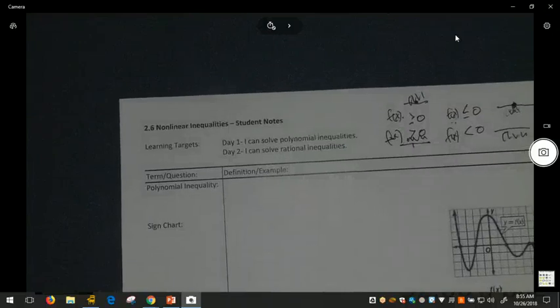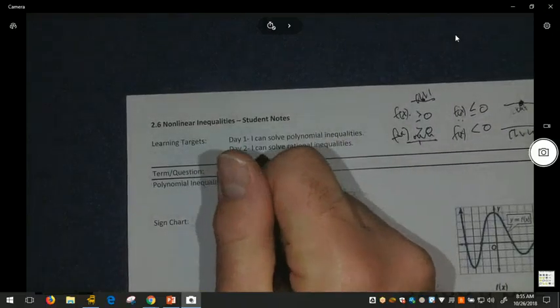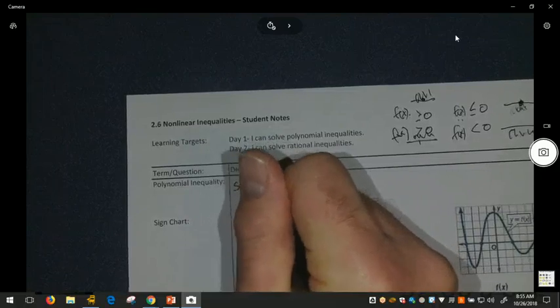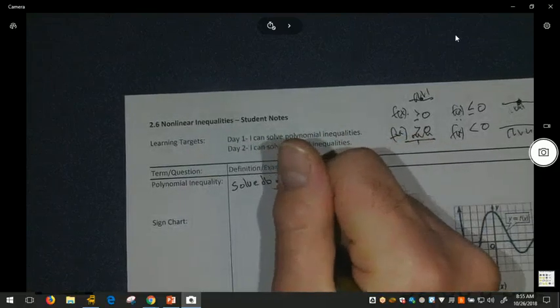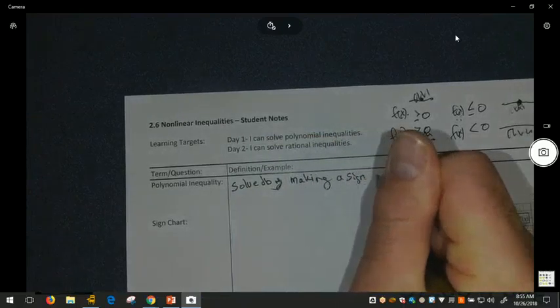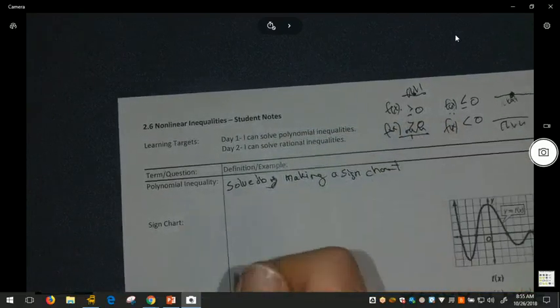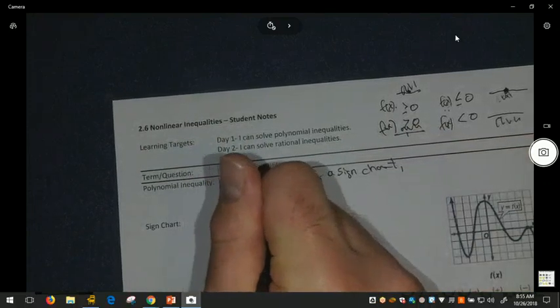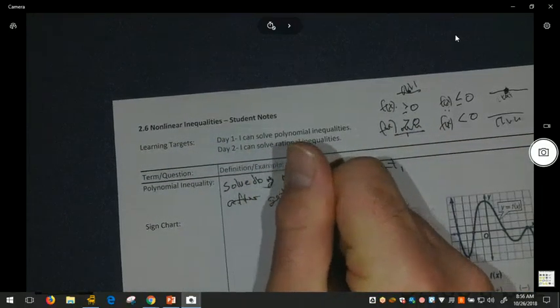Polynomial inequalities can be solved by making a sign chart after we get the inequality equal to 0.